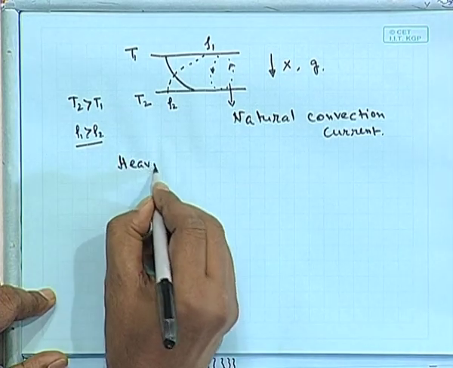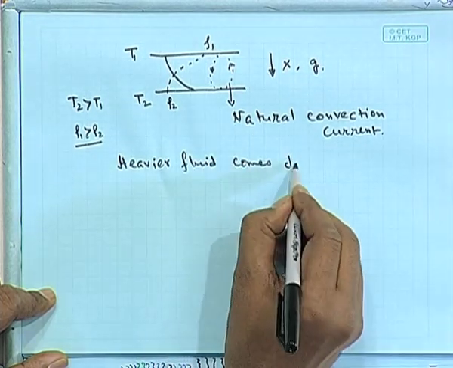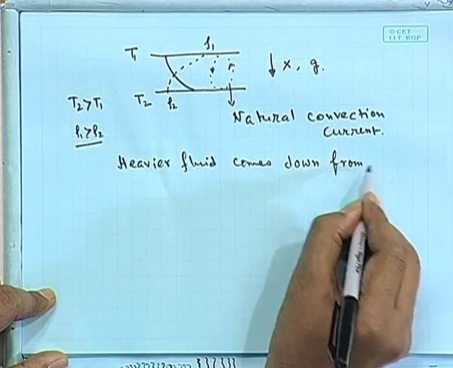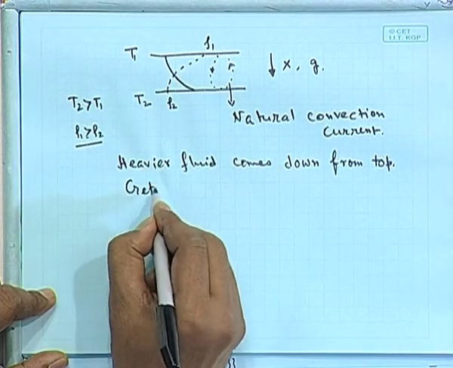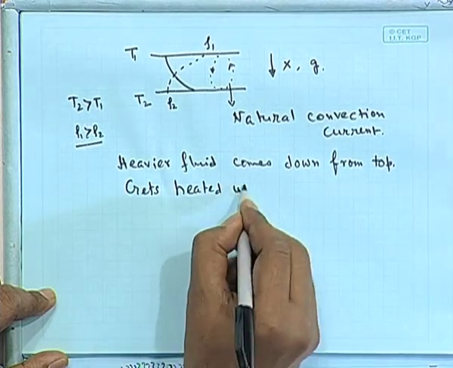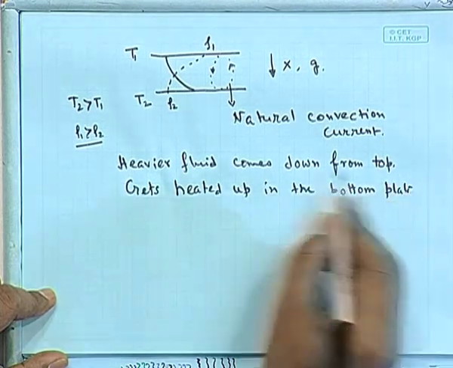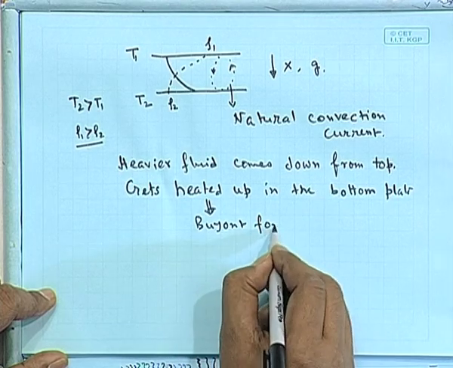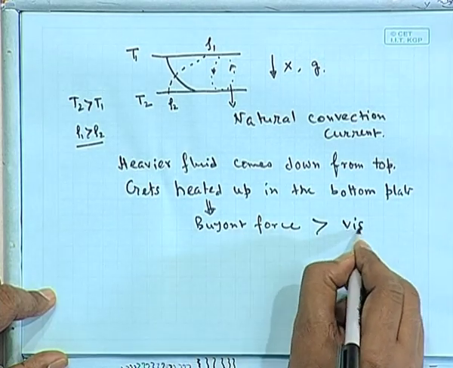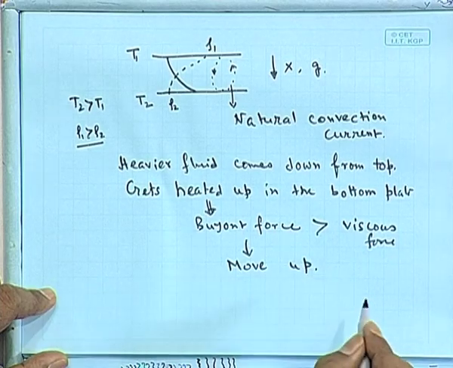So, basically the heavier fluid comes down from the top and gets heated up at the bottom plate, and the resultant buoyant force, buoyant, the spelling may be wrong, okay, exceeds the viscous forces, and the fluid moves up, cools down, density increases, becomes heavier, and comes down.